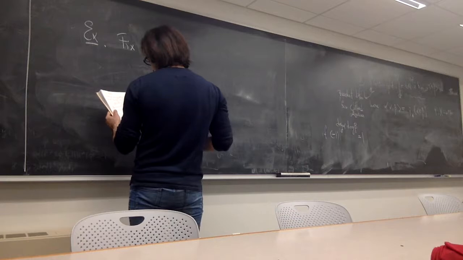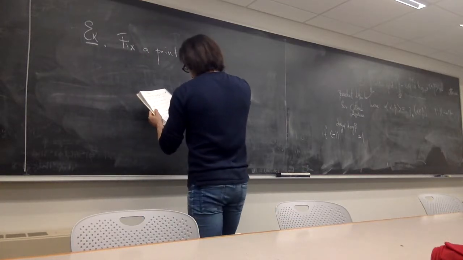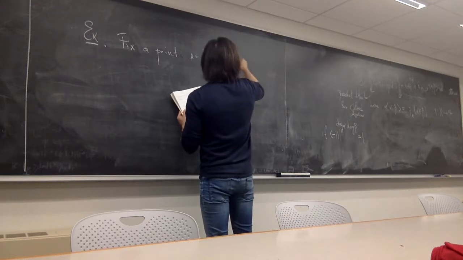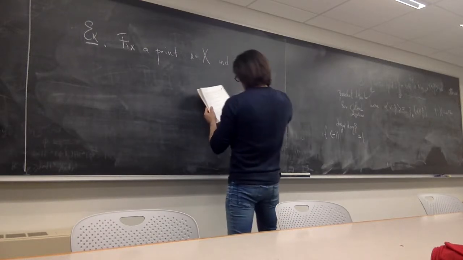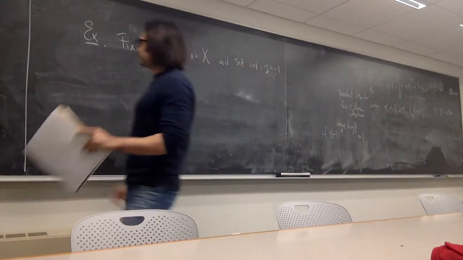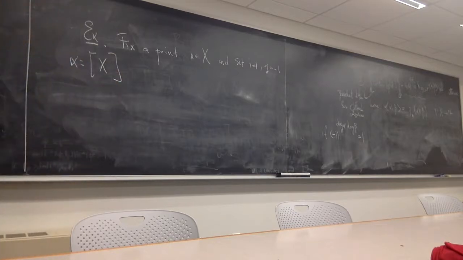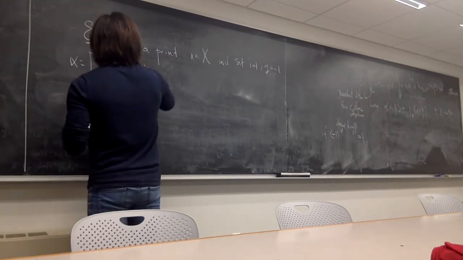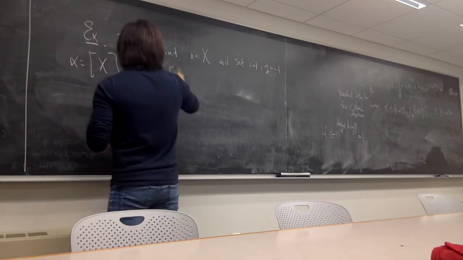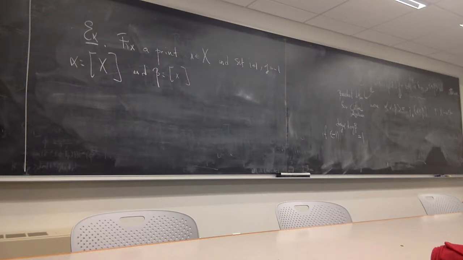Fix a point x inside X, and set i equal to 1 and j equal to -1. Let us fix the cohomology classes alpha to be the fundamental cycle of X, and beta to be the point class for that point x.